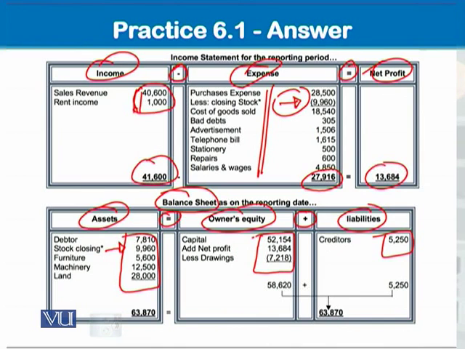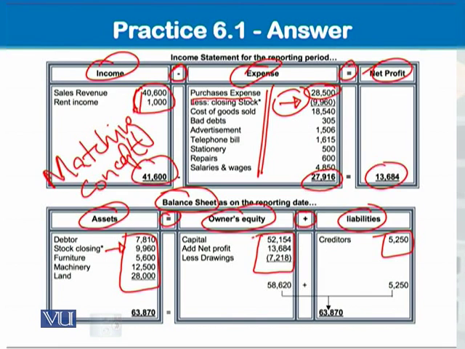Now it's the time to discuss this closing stock. Look, expense of purchases is 28,000. The concept of closing stock is that the purchased goods remained unsold. We in fact prepare income statement based on matching concept, where we have to match our expenses with income.